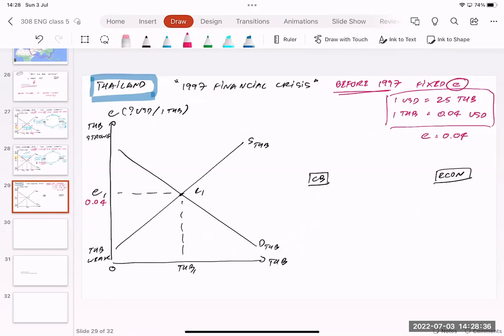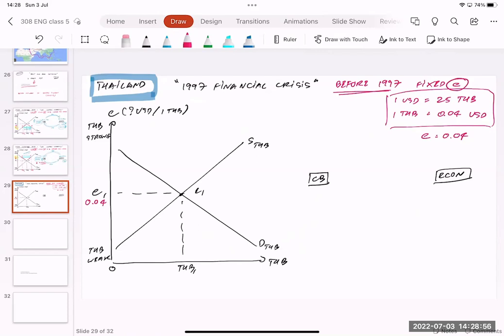However, one day in 1997, many big companies lost confidence and faith in the Thai economy. They started to move money out of Thailand and invest in other countries.